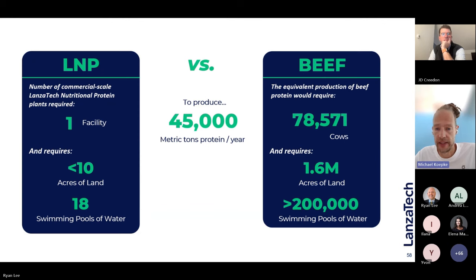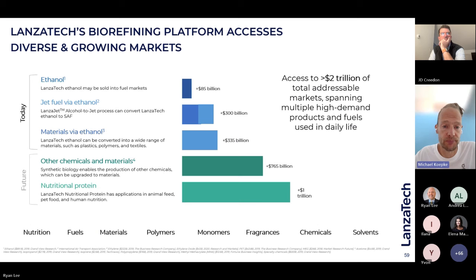It requires very little land and very little water, whereas this can replace a protein from about 80,000 cows and 1.6 million acres of land and over 200,000 swimming pools of water. And then, of course, it's another key pillar to the market that we can access with our technology.